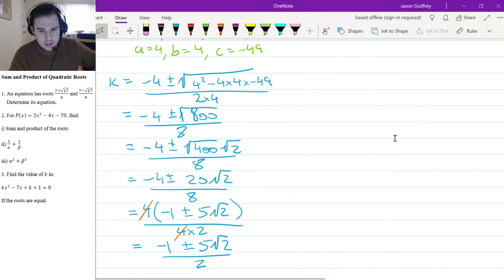So, I guess the question said find the value of k here if the roots are equal. Well, there's actually two values of k.